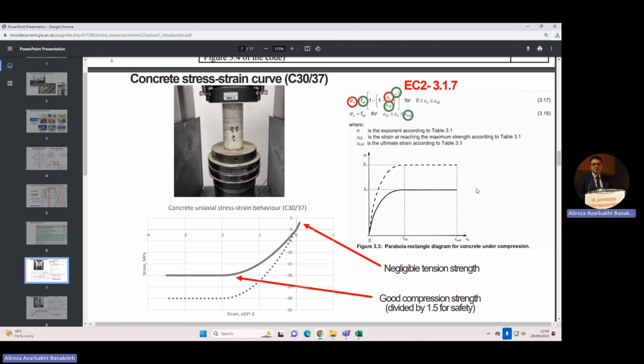So these two graphs are almost the same, with a difference of the 1.5 division. The epsilon varies between 0 and 3.5 in terms of percent. Everything should be divided by 100. And this is megapascal in terms of stress. The maximum is 30.